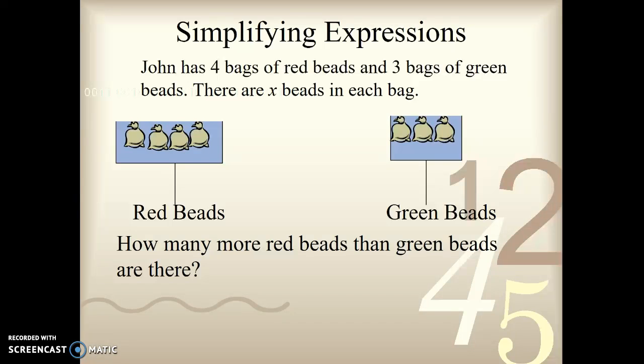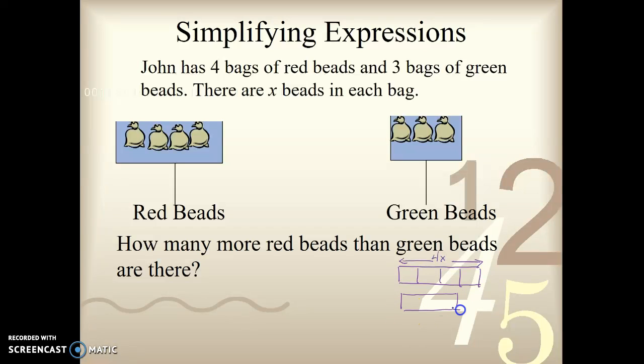All right, now we want to know how many more red beads than green beads there are. So let's draw ourselves another model over here. Each one of these little boxes represents one bag of beads. So up here we have 4x beads, and that's our red beads.